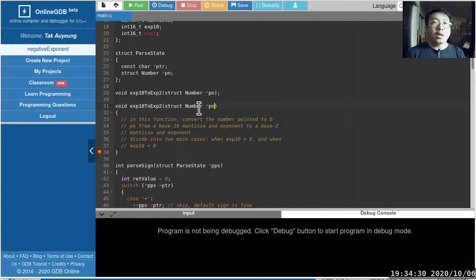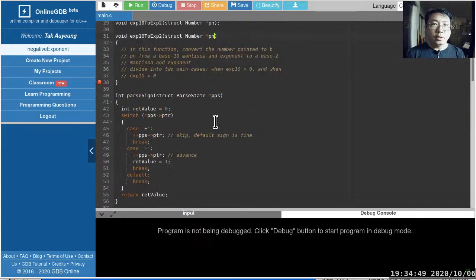If you are not quite sure how to use pointers, you might want to brush up a little bit, because in CISP360, they are supposed to have taught how to use pointers and also how to use structures. So that's something that you might need to do.